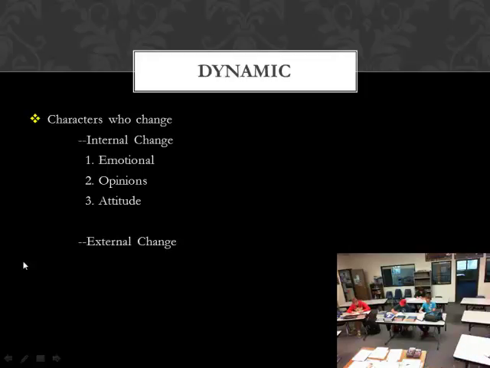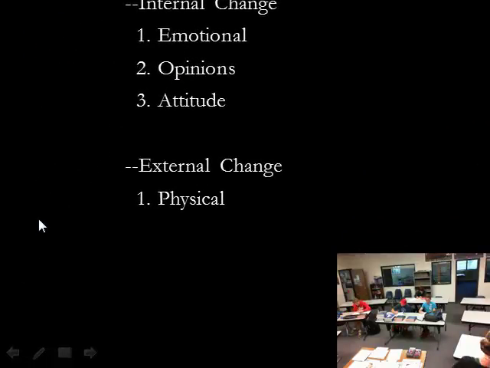They have external change as well. And the external change is physical. They grow, they get hurt, they wake up one morning with a pig snout, you know, and it's because of something that's happening to them.